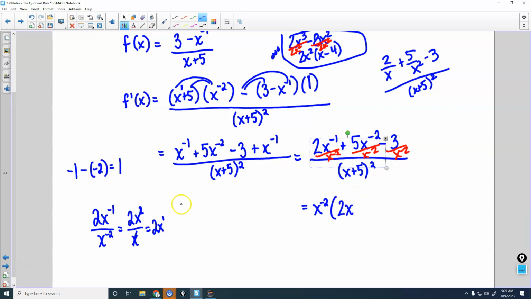Alright, I'm going to think the same thing over here for my 5x. Actually, no, I'm not, because if I've got an x to the negative 2 on the bottom and an x to the negative 2 on the top, those cancel. Okay? And then I just have the plus 5. And then what's going to happen for this 3 over x to the negative 2?